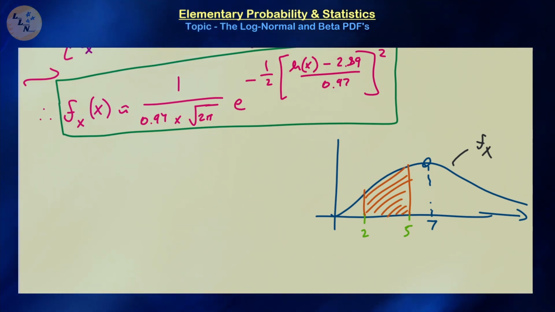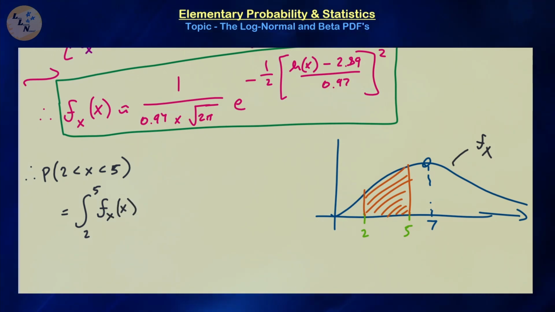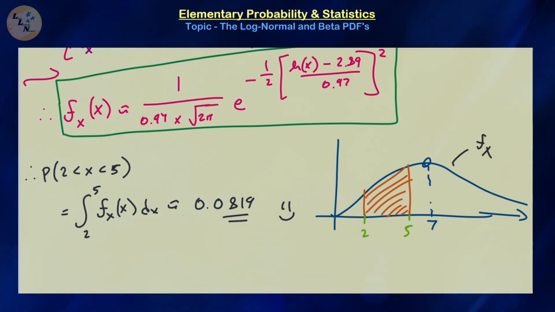So using some integration, the probability that x is between 2 and 5 is just going to be equal to the integral from 2 to 5 of our probability density function, which comes out to approximately 0.0819. So the probability that we select a strand of hair from this person's head and it is between 2 and 5 centimeters is approximately 8%.